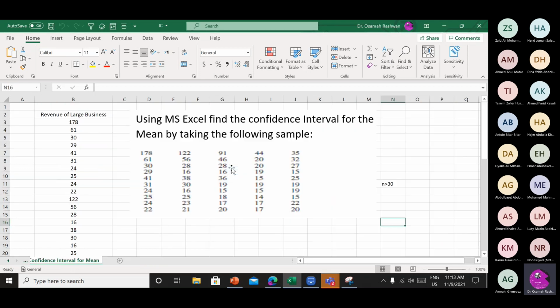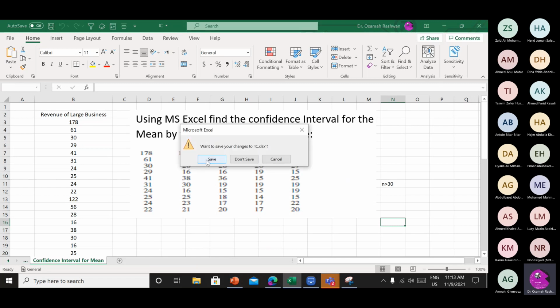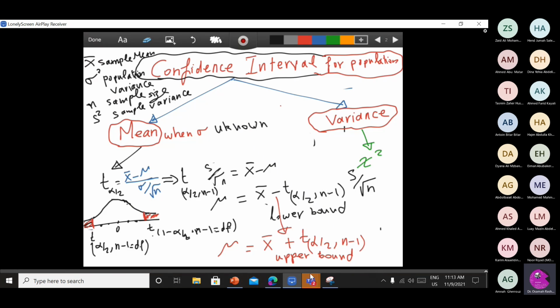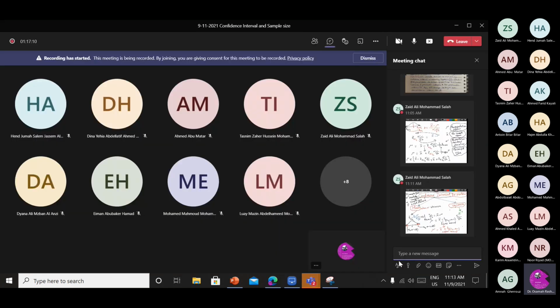Yes. And I will upload this one to you. And please open it with me to add it to your Excel. You are going to submit maybe after the next week with you, because we are very close to the final.